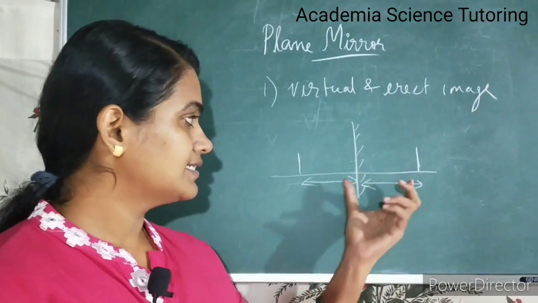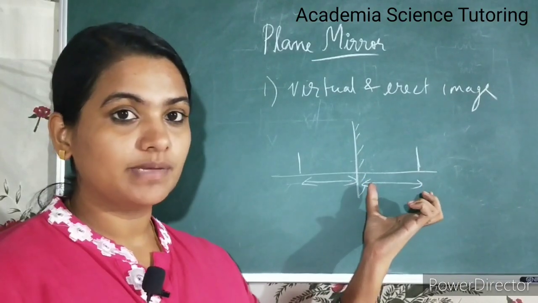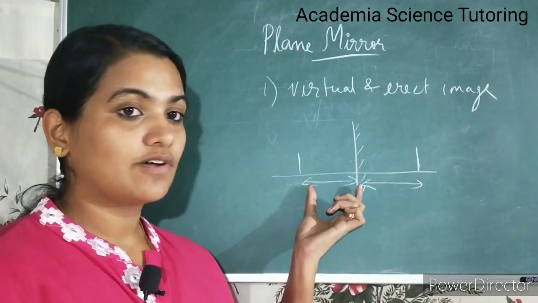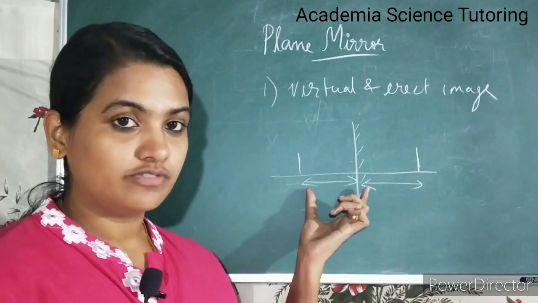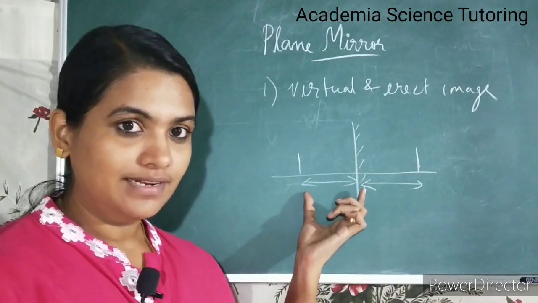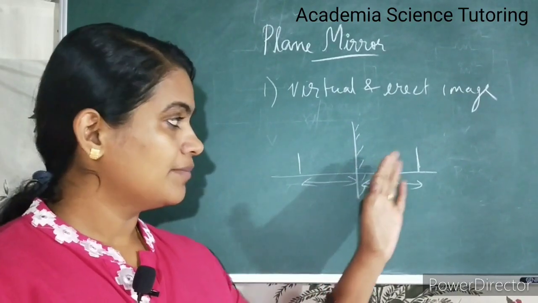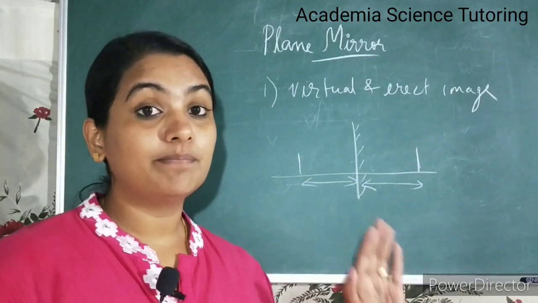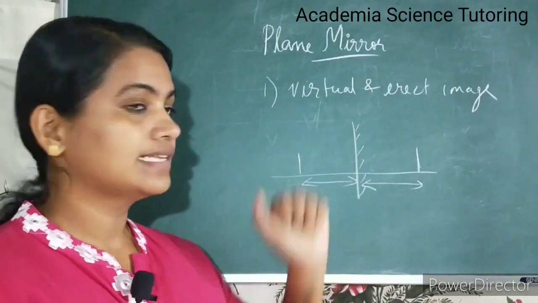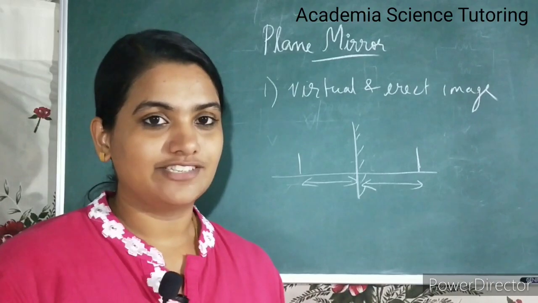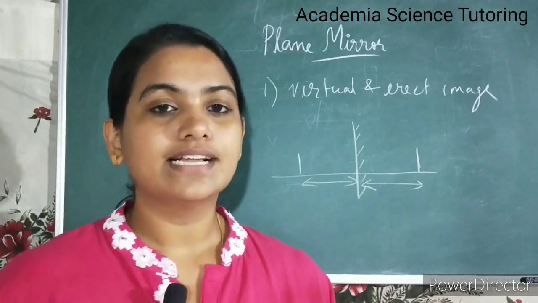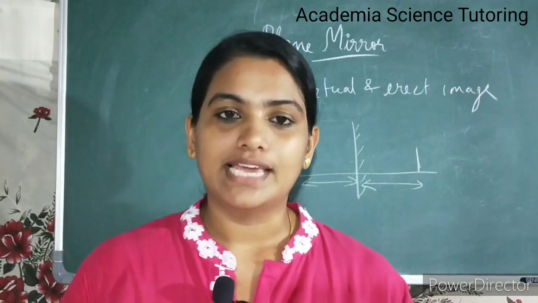So the distance of the image from the mirror will be equal to the distance of the object from the mirror, and the image will be formed at the back of the mirror. That's why we are saying it is a virtual image. So these are the properties of a plane mirror.